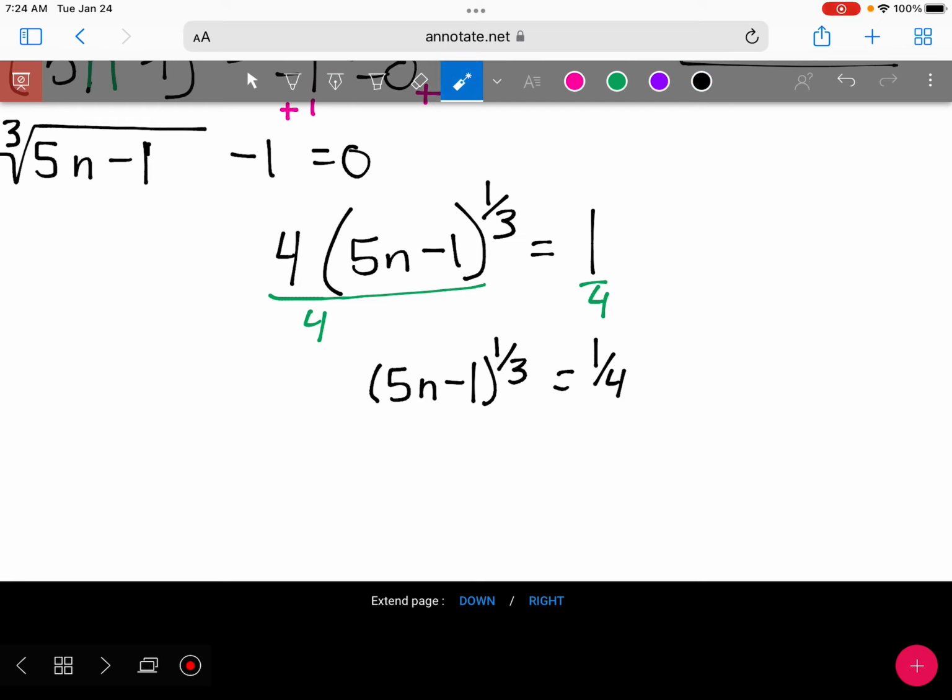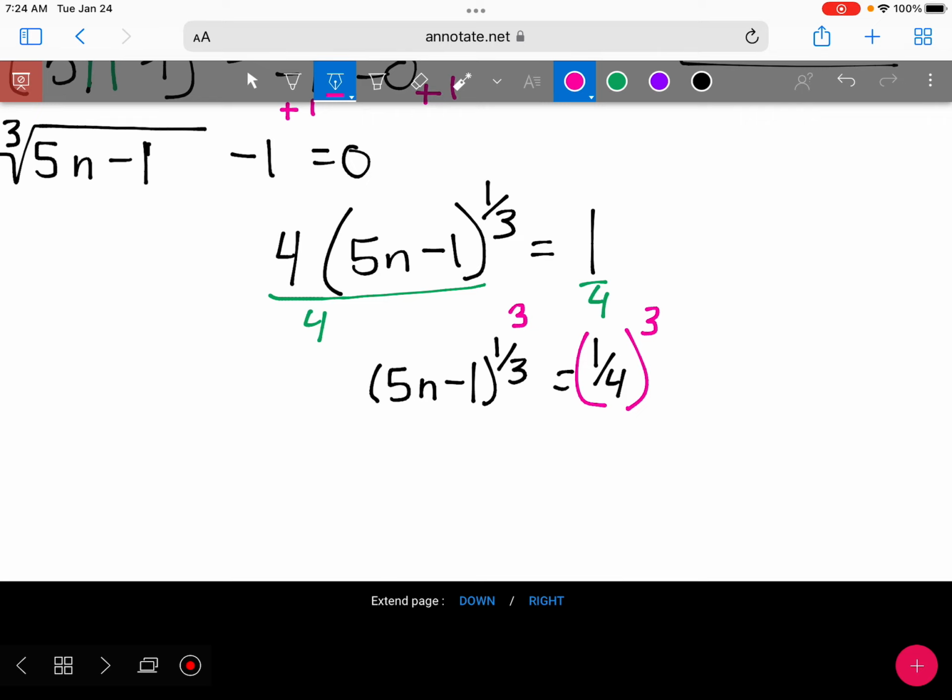Yeah, we need to get rid of that cube root. We need to get rid of that fractional exponent. So what we do is we raise it to the 3rd power, because that's going to make 3/3, which makes an exponent of 1. And we need to take 1/4 also to the 3rd power, which you can do in your calculators with a fraction of 1/4.